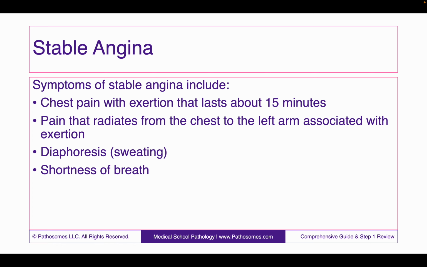Symptoms of stable angina may include chest pain with exertion that lasts about 15 minutes, pain that radiates from the chest to the left arm associated with exertion, diaphoresis, and shortness of breath.